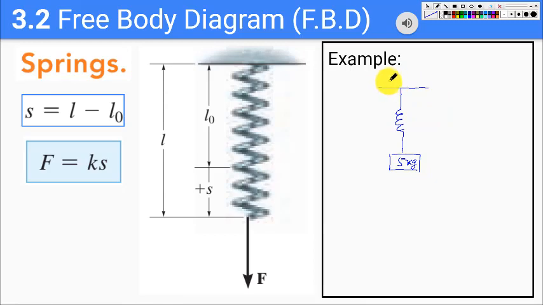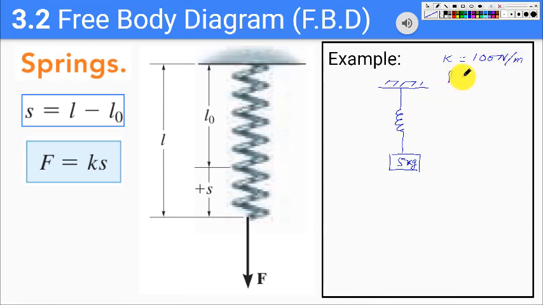Let's assume that we are also given a few things about the spring. First of all, the value of K, which is the spring constant for the spring, is 100 newtons per meter. This basically just means that if we apply a force of 100 newtons, the extension in the spring would be equal to 1 meter.